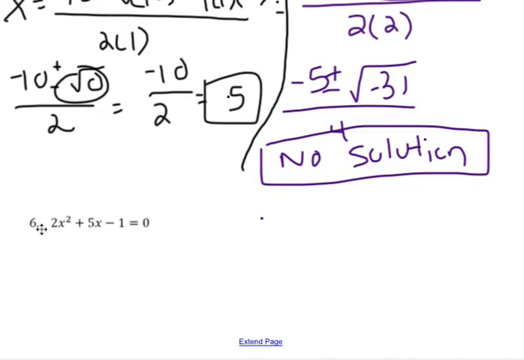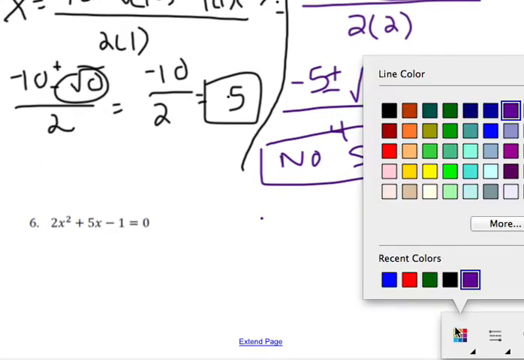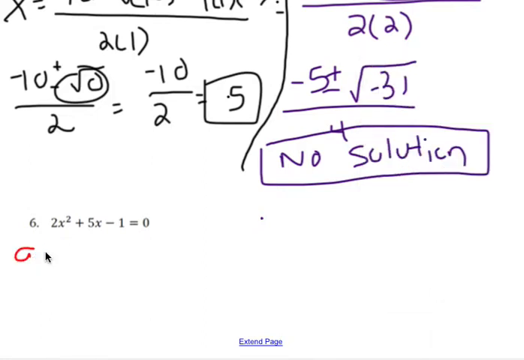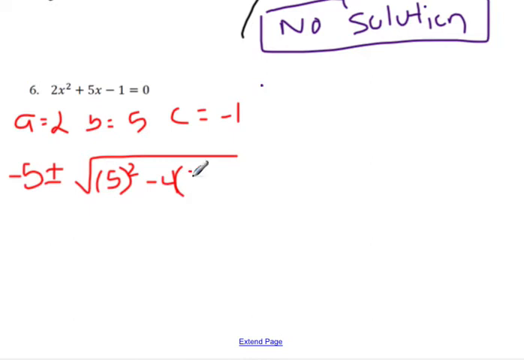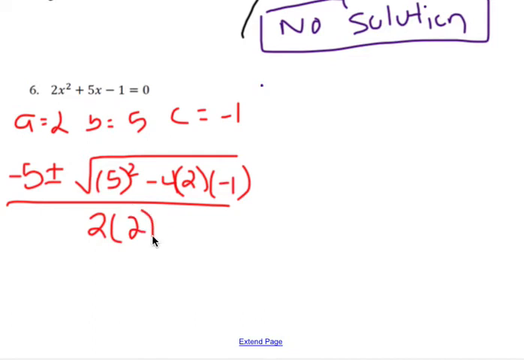Let's take a look now at number 6. For number 6, my a is going to be 2, my b is going to be 5, and my c is going to be negative 1. Now I'm going to do opposite of b, plus or minus the square root of b squared minus 4 times a times c, all of that over 2 times a.